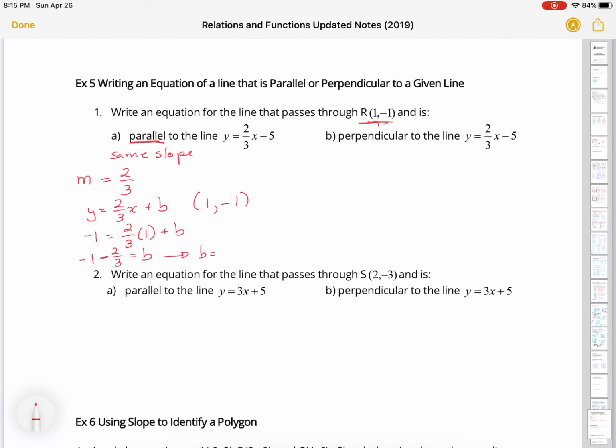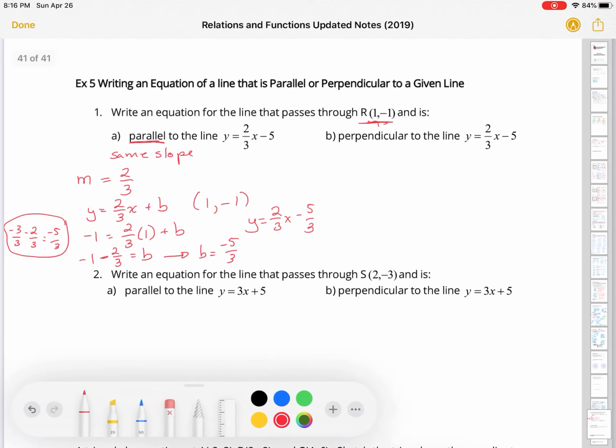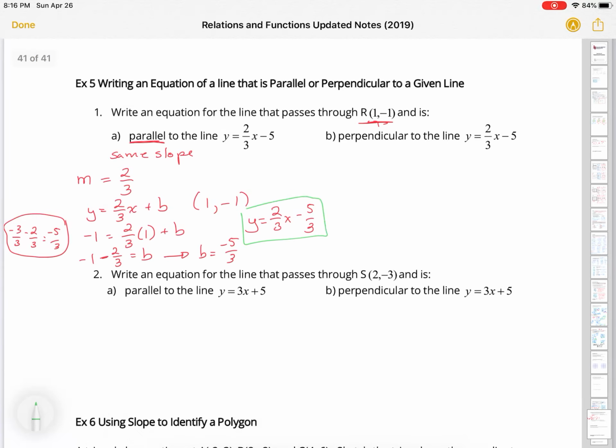So b will equal negative 5/3. And that's just using some fraction math, because negative 1 is the same as negative 3/3 minus 2/3 equals negative 5/3. Okay? So from that, my equation will be y is equal to 2/3 x minus 5/3.